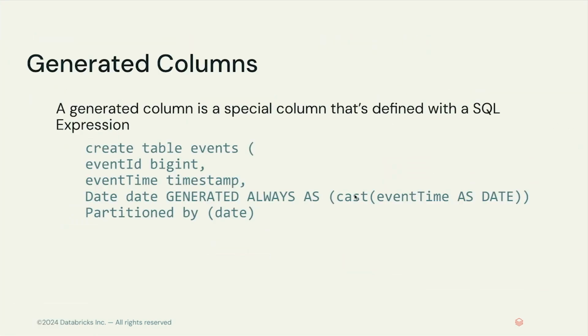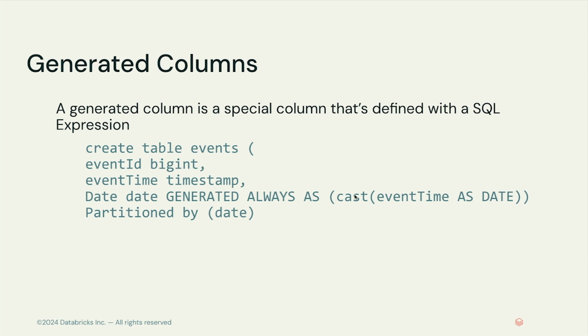Generated columns. When you're working with a data set and, for whatever reason, you can't use liquid, so you need to generate a value that has a higher or lower cardinality from another value, maybe cast a timestamp to a date, you can do that with generated columns. In this example, we create a date, generated always as, casting the event time as date, and then we can partition by it.